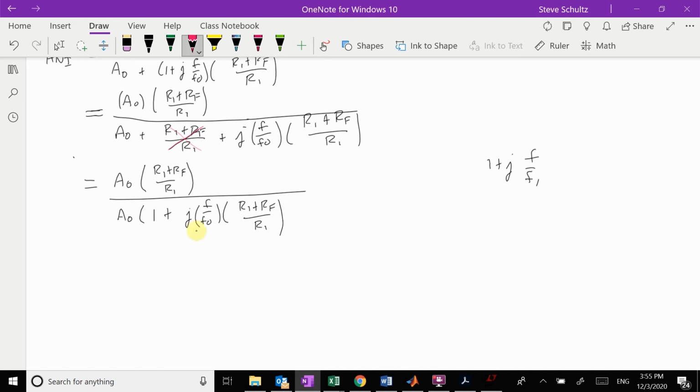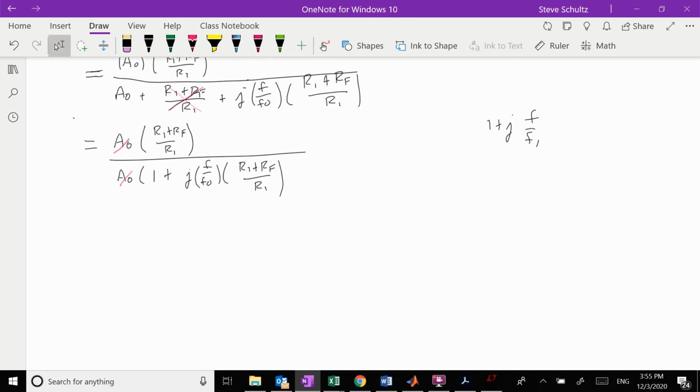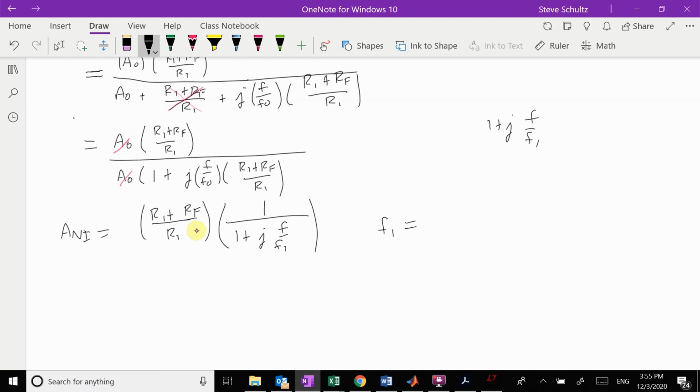Okay, and then we see that these two cancel off, and when we're all done, we get this equal to (R1 plus RF) over R1 times 1 over 1 plus jf over f1, where our f1 is equal to, whoops, we forgot our A0 in here.